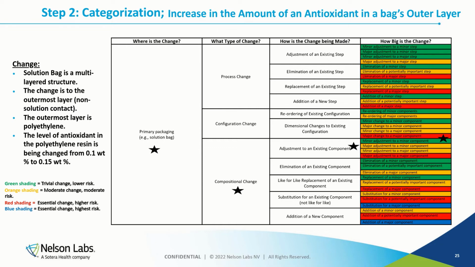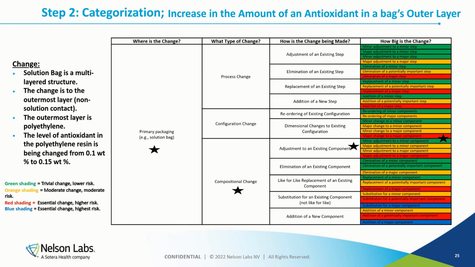And the fact of the matter is, change from 0.1% to 0.15% in terms of an antioxidant is really a minor compositional change to this polyethylene. The sum of this process allows us to categorize the change as a trivial change with a minor risk.